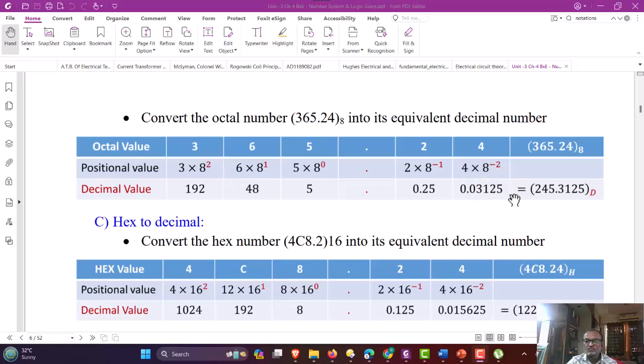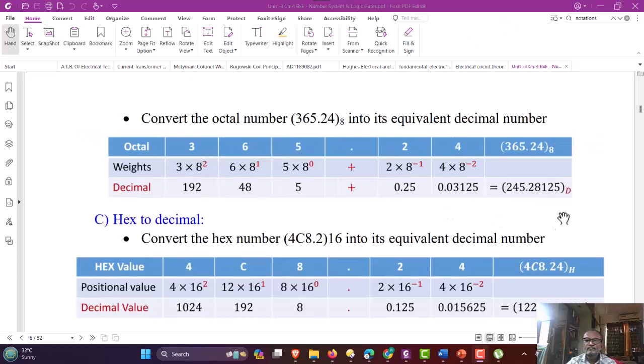Add the two, so therefore you are getting the value that is equal to 0.28125. So 365.24 octal corresponds to 245.28125 decimal.